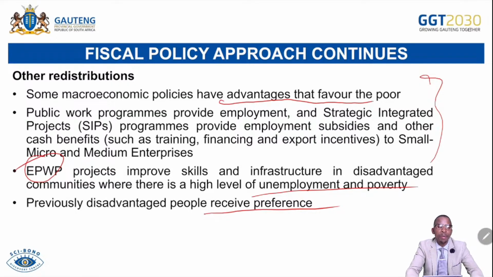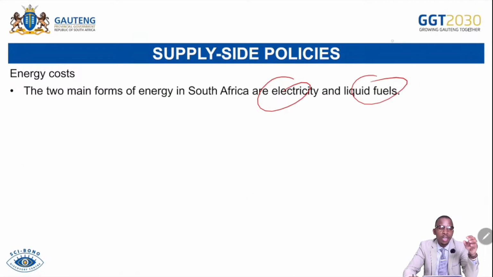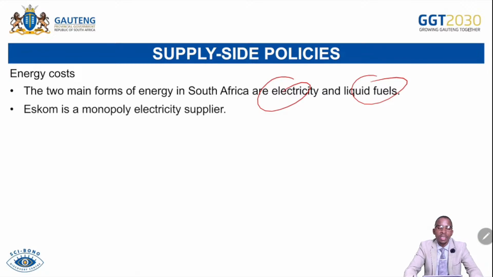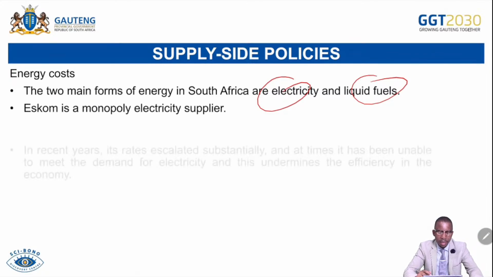Under EPWP, firms and people have relatively fewer units of electricity, which becomes a problem for them to function because most of the income is spent by businesses to pay for electricity instead of producing goods and services. We know that the cost of fuel is relatively high in South Africa. Eskom is the monopoly electricity supplier in the country.